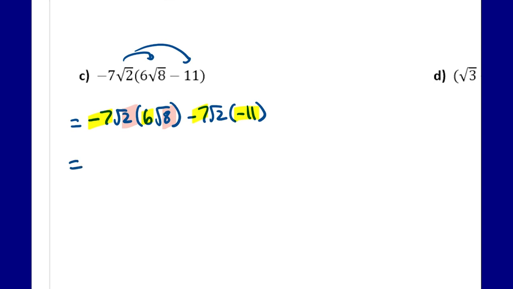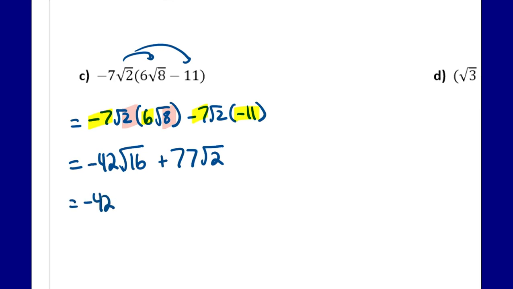Negative 7 times 6 is negative 42. 2 times 8 is root 16. Negative 7 times negative 11 is positive 77. Root 2 stays there because there's no radicand to multiply in the second one.